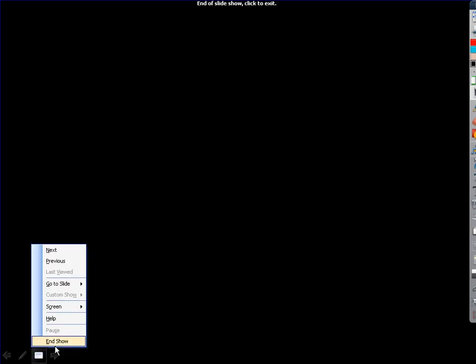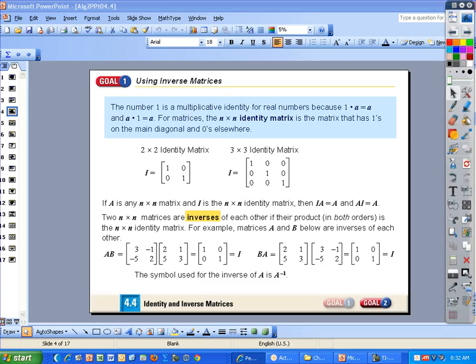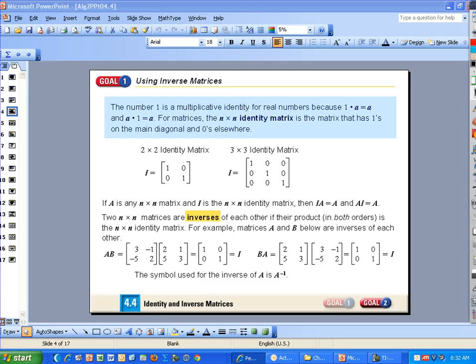Okay, 44 and 40 from 4.4. Oh, okay. So we've got to look in the book.